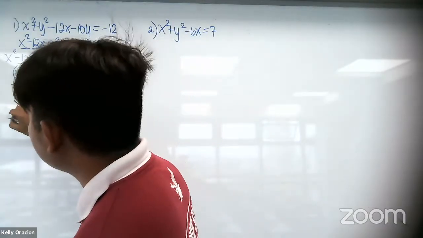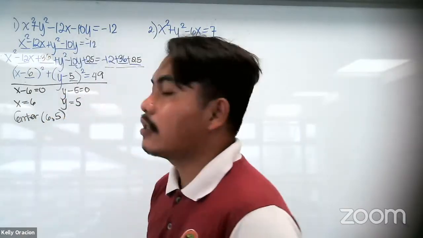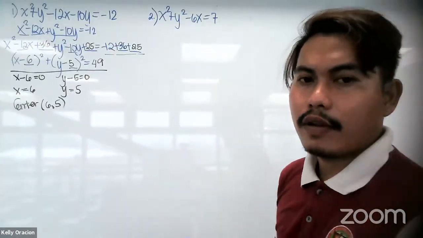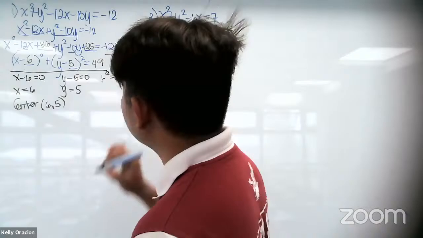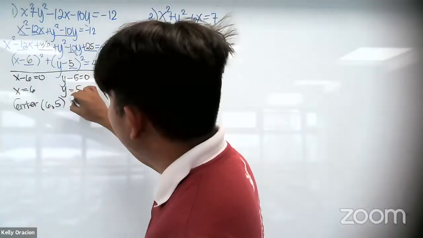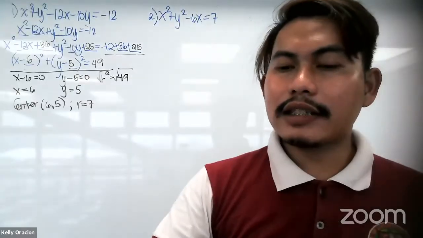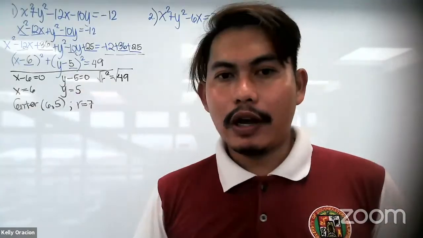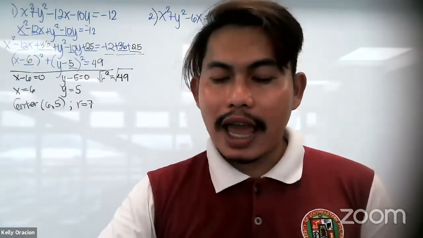That means our center is 6 and 5. How about the radius? So r squared is 49. Extract the square root. R is 7. Okay. Solved for our first example. So kindly copy before we will proceed to example number 2.